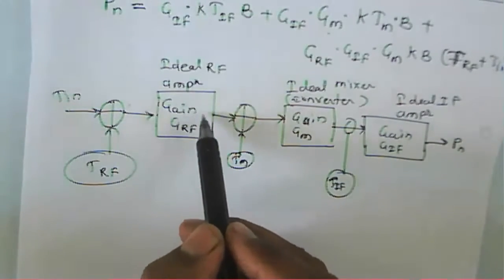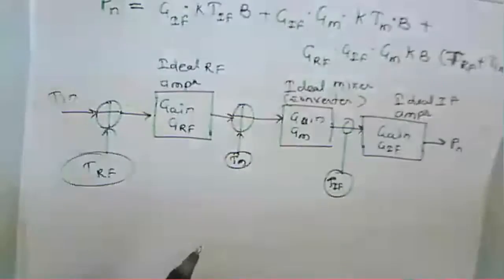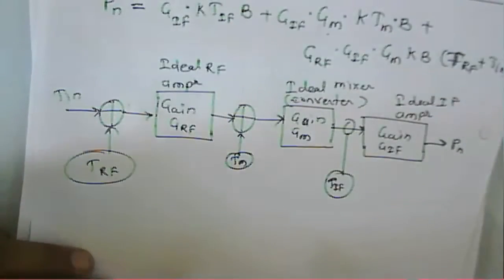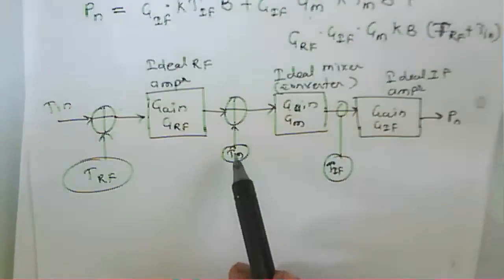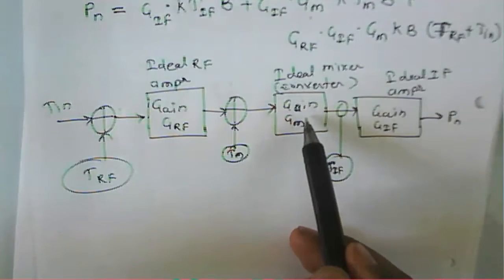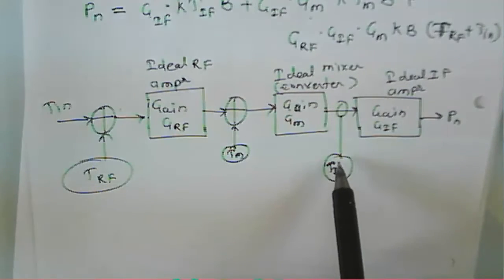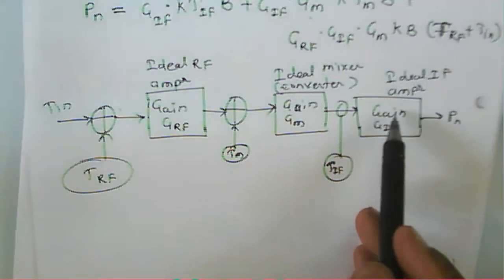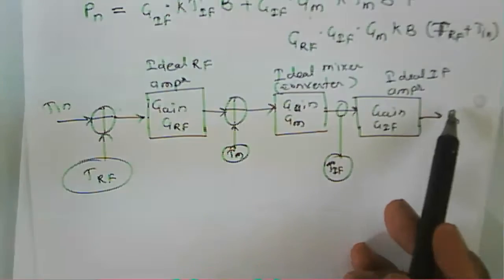The gain of that RF amplifier, consider the ideal RF amplifier. Next we have the down converter, that is nothing but a mixer. So the noise temperature of the mixer is TM, then gain GM for the ideal mixer or converter. Then the noise temperature of the IF amplifier, then the gain of the ideal IF amplifier, and that will be the noise power at the demodulator.